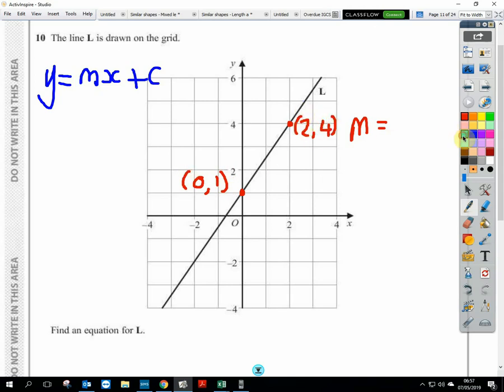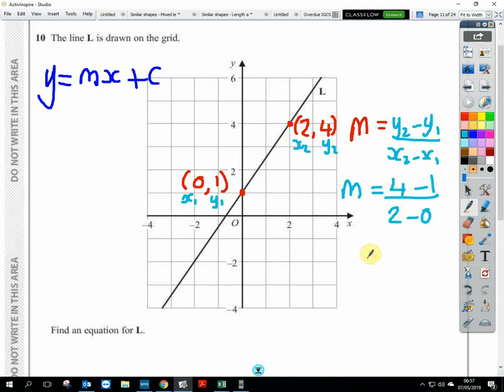Okay, we normally label the coordinates x1, y1, x2, y2. And the formula for gradient is y2 minus y1 over x2 minus x1. So m is equal to 4 minus 1, because I've labelled them here, over 2 minus 0, and if you type that into the calculator, it's 1.5, or if you like, 3 over 2.